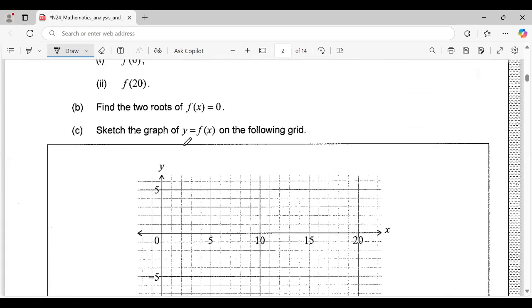Sketch the graph of y = f(x) on the following grid.